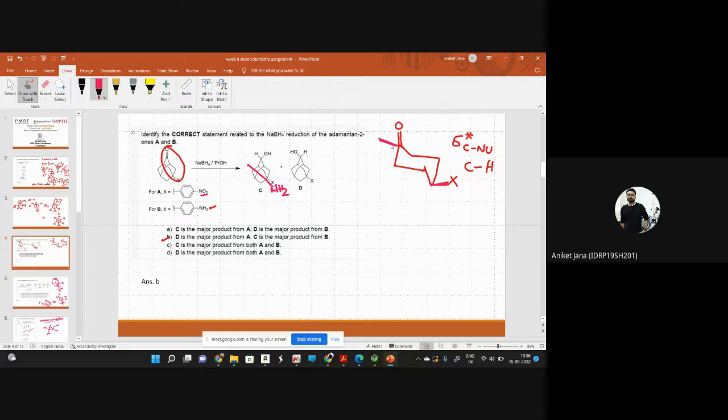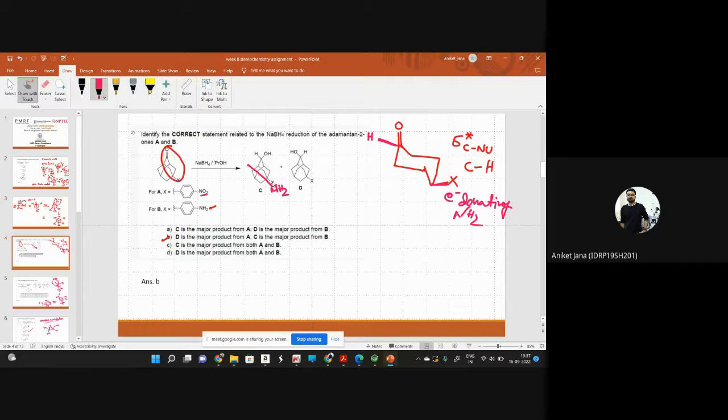Whenever the hydride attacks from this side, a CH bond will be formed here. When there is an electron donating group like NH2 or OH, the probability of forming this bond will be much higher.